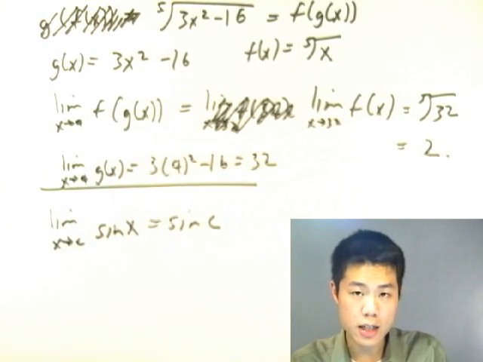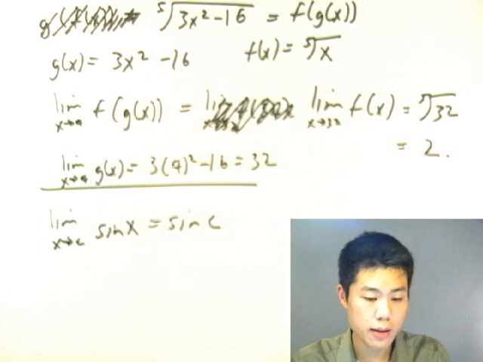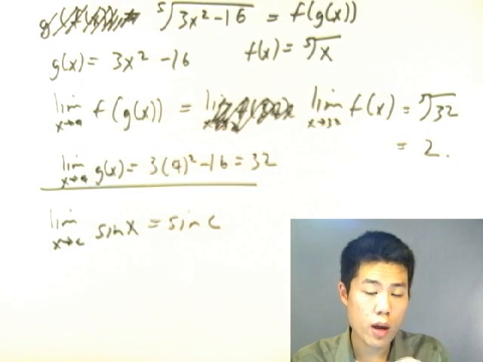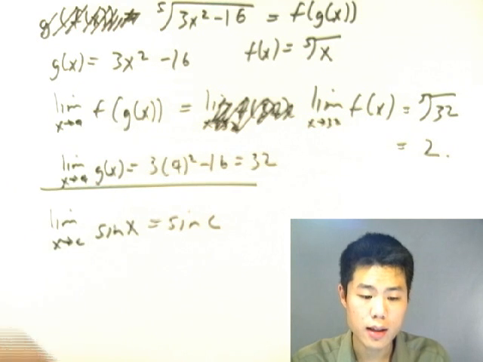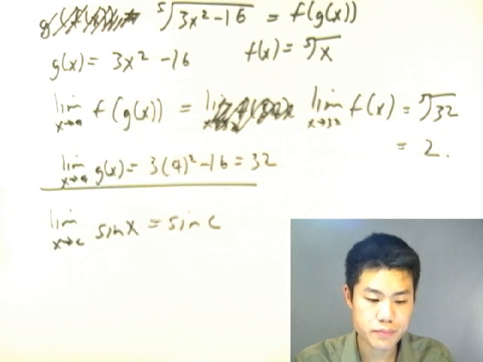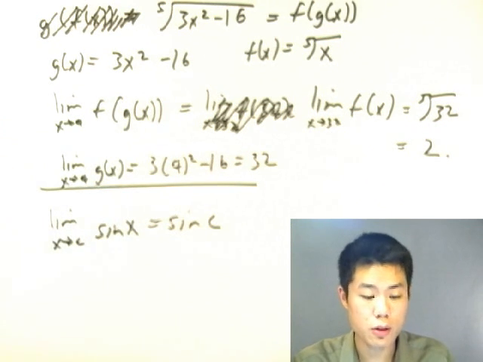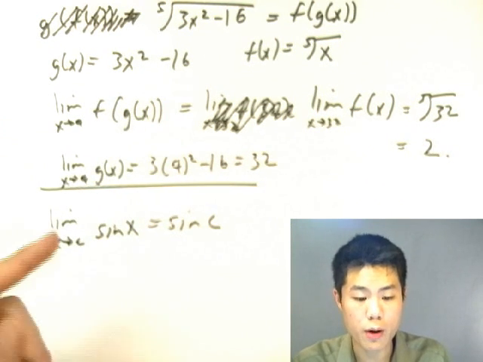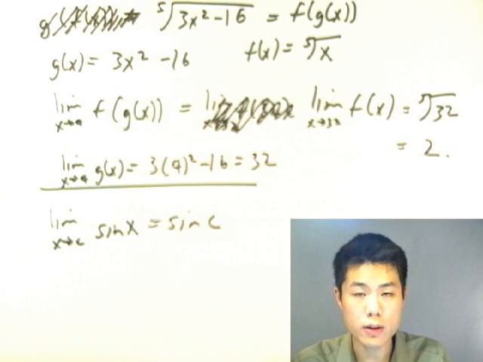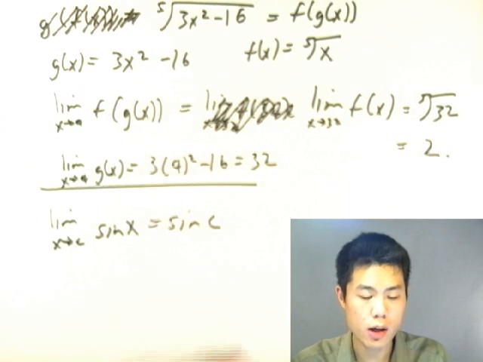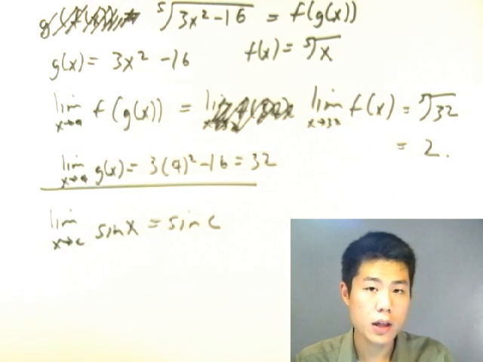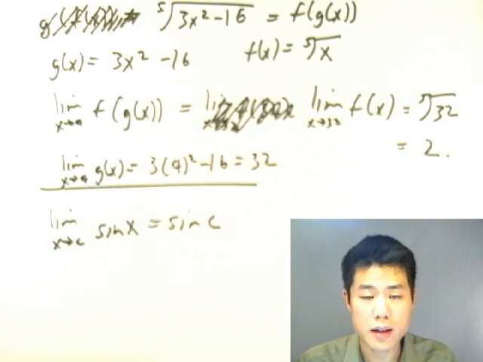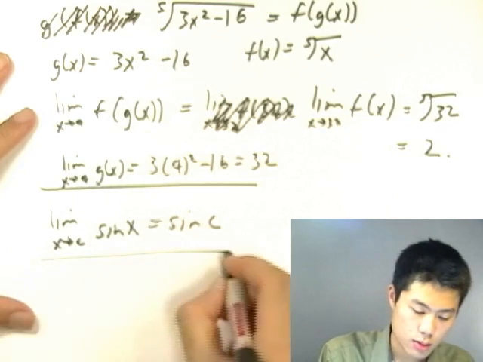For secant and tangent and cosecant and cotangent, it's everywhere where the function is defined. So for secant and tangent, it's everywhere where cosine is not equal to 0, and for cosecant and cotangent, it's everywhere where sine of x is not equal to 0. Okay, so everywhere else, wherever the function is defined, you can just use direct substitution with those trig functions.